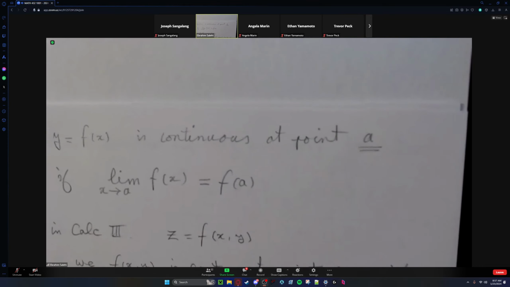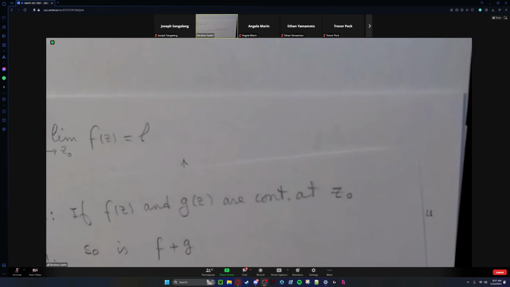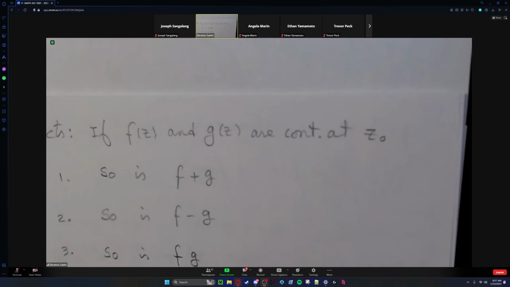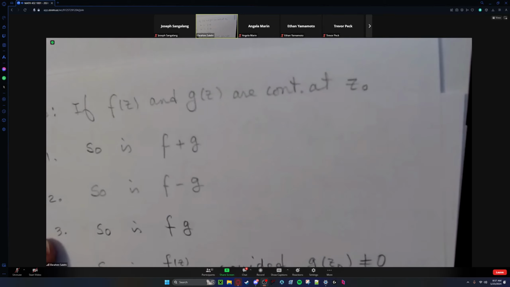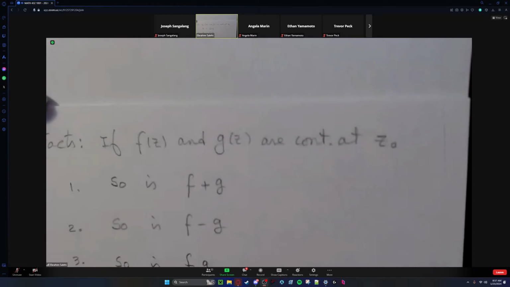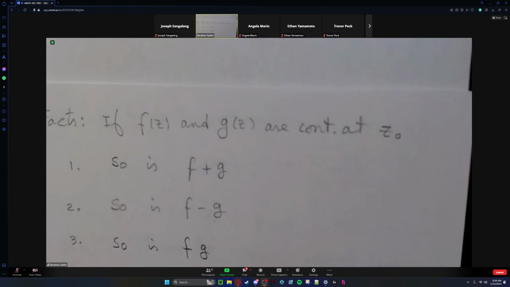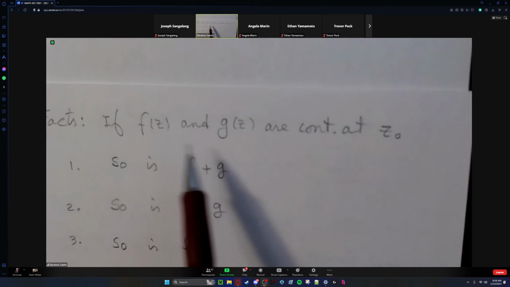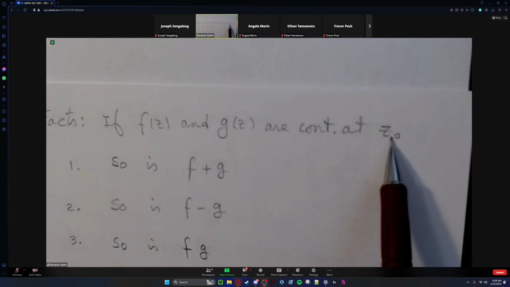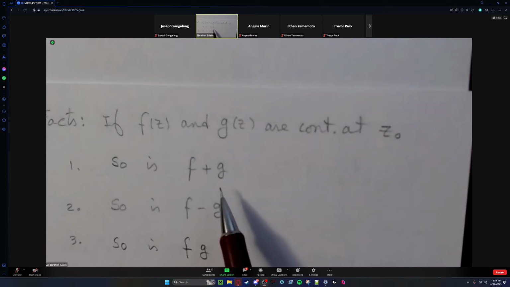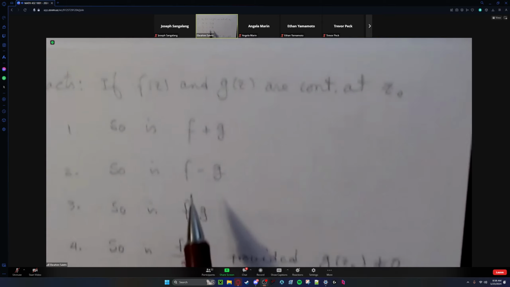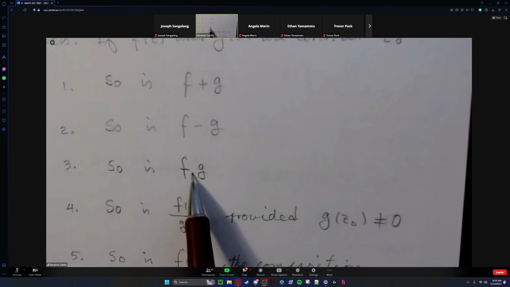And well, it's good to have some facts about continuity. And here are some facts about continuity, I guess. You have seen this before, but if you have two functions that are continuous at a point, so is their sum, their difference, their product, okay?